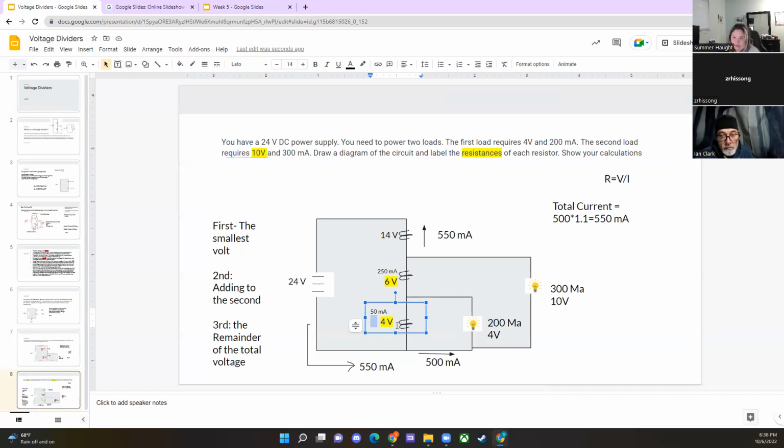These 4 and 6 and this 10 volt are in the line together, so these two are parallel to that one. This is why we knew this was 6 volts: it had to add up to 10, so 4 plus 6 equals 10. We were given that this is 10, and we determined this is 6 by subtracting and finding the difference.